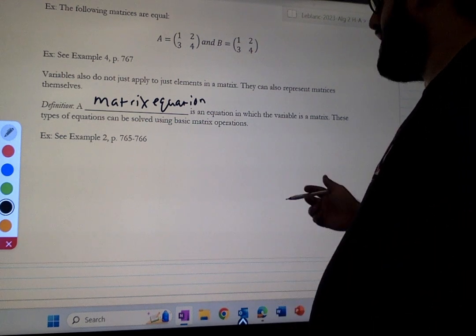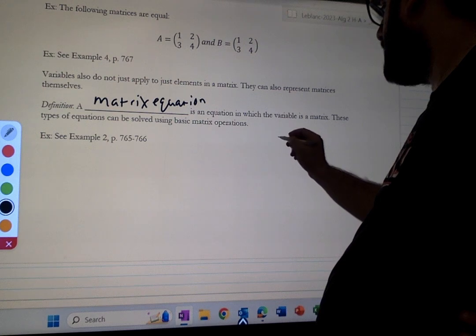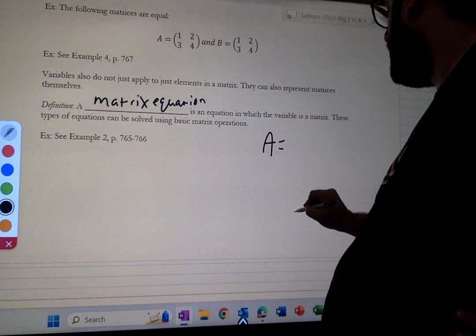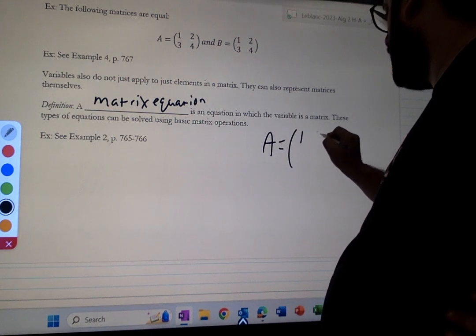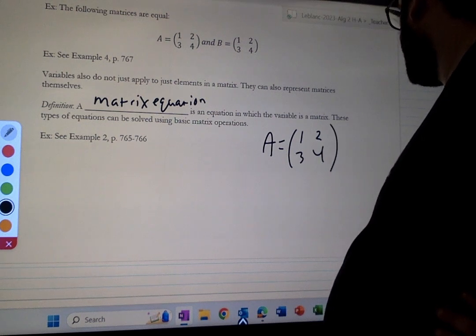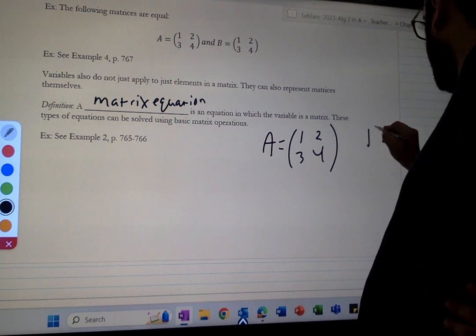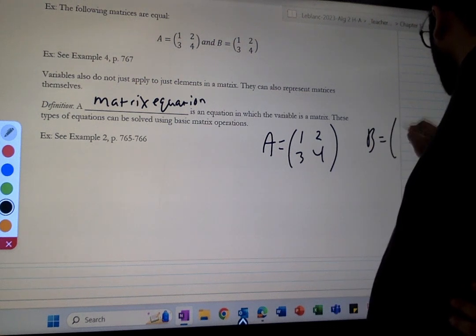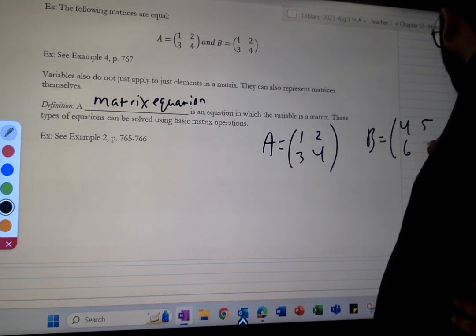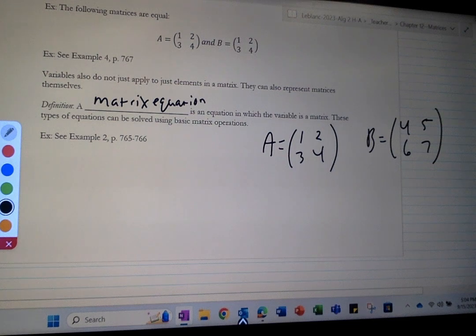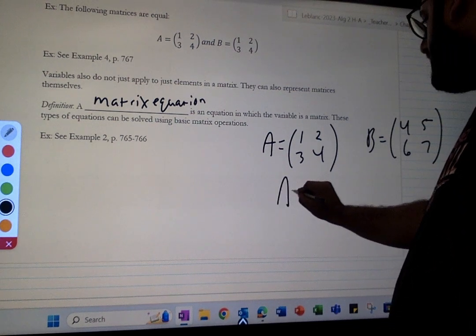So if I have A, and A is equal to 1, 2, 3, 4, and let's say B is equal to 4, 5, 6, 7. Okay, and let's say that I'm trying to solve this.